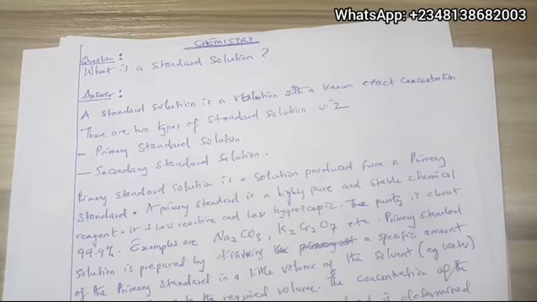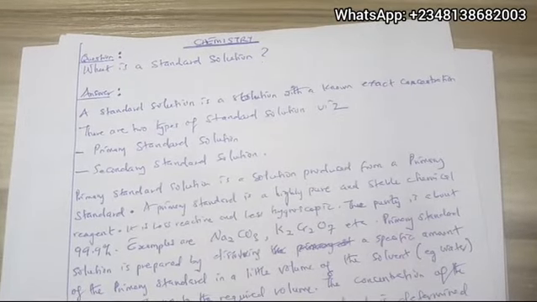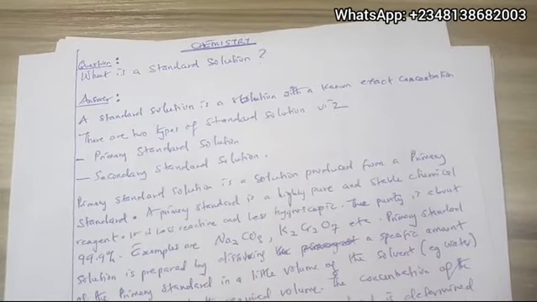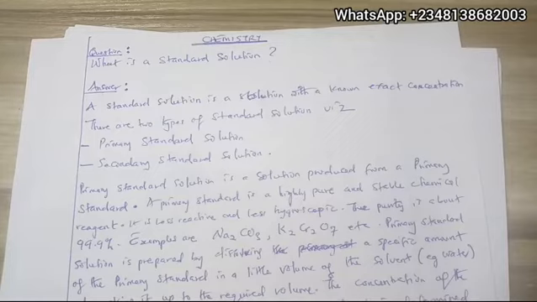Now, let's go to secondary standard solution. What is a secondary standard solution? A secondary standard solution is a solution produced by standardizing a given volume of a solution of a secondary standard.